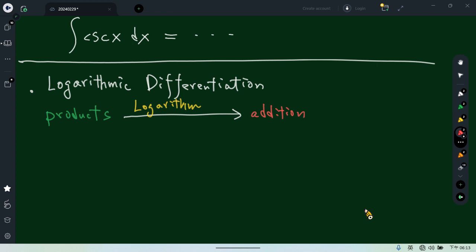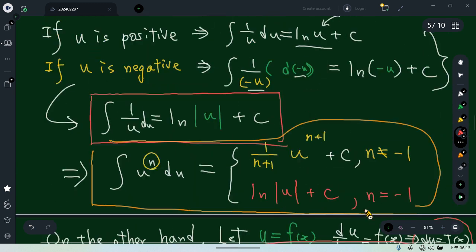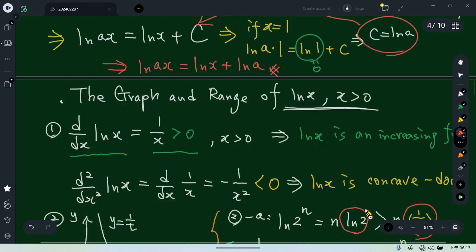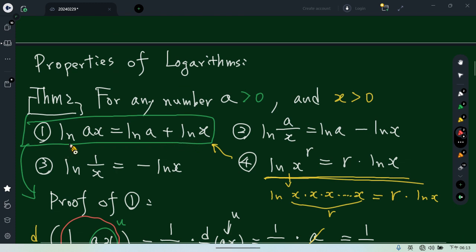Why do I say that? You already learned that. Okay, please just take a look at here. This part is the multiplication of a and x, right? This is multiplication. After you take the logarithm, then it will become addition.